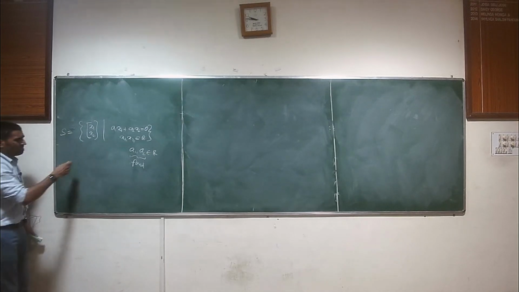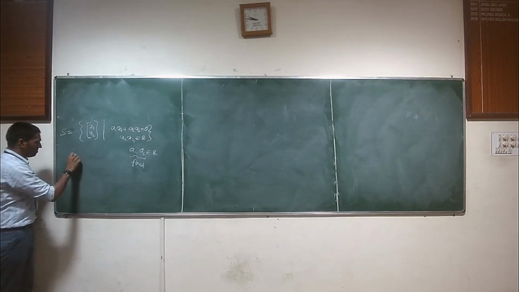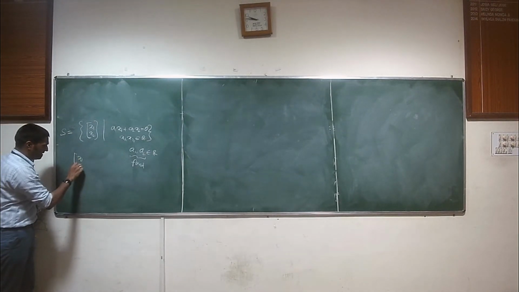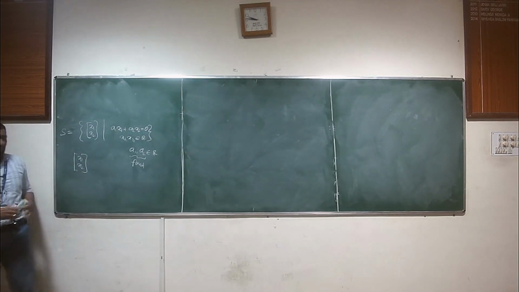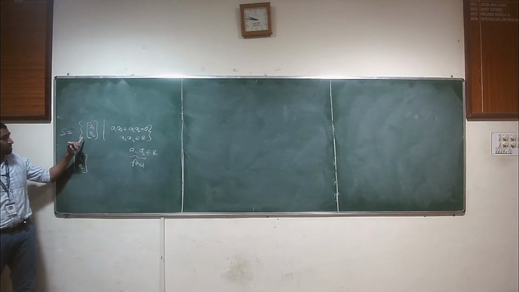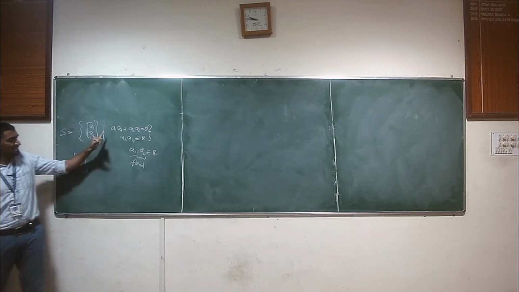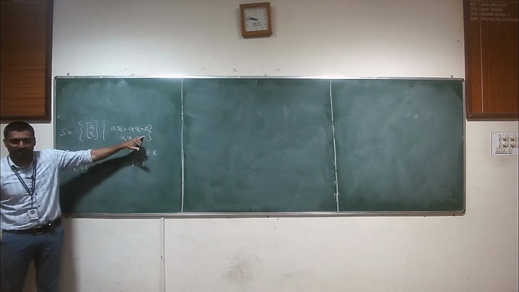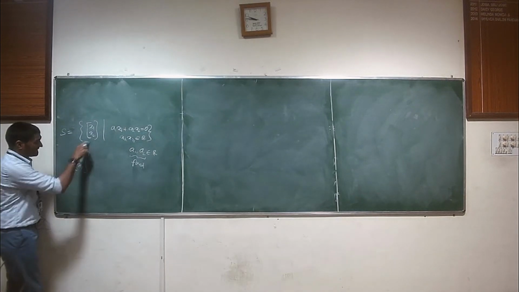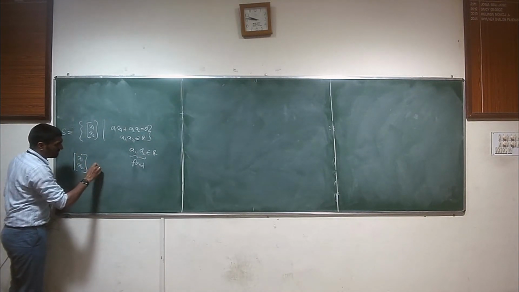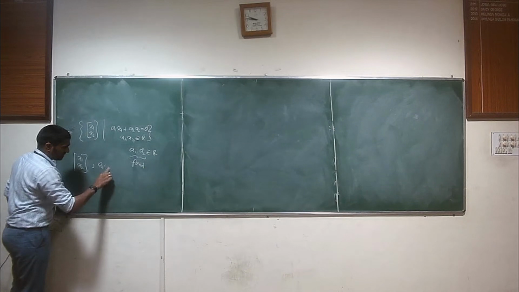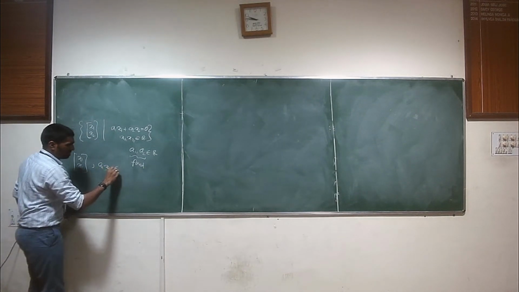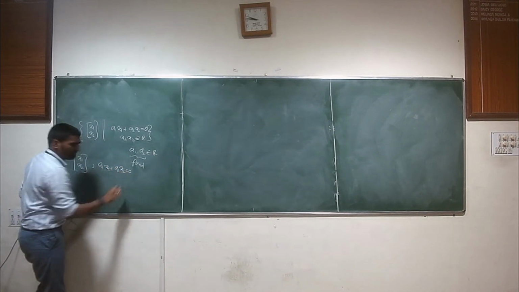Well, let's say we choose an element. Let's say that element is x1, x2. We know that this is an element from this set because these two numbers x1 and x2 satisfy this. That means a1 x1 plus a2 x2 is 0.